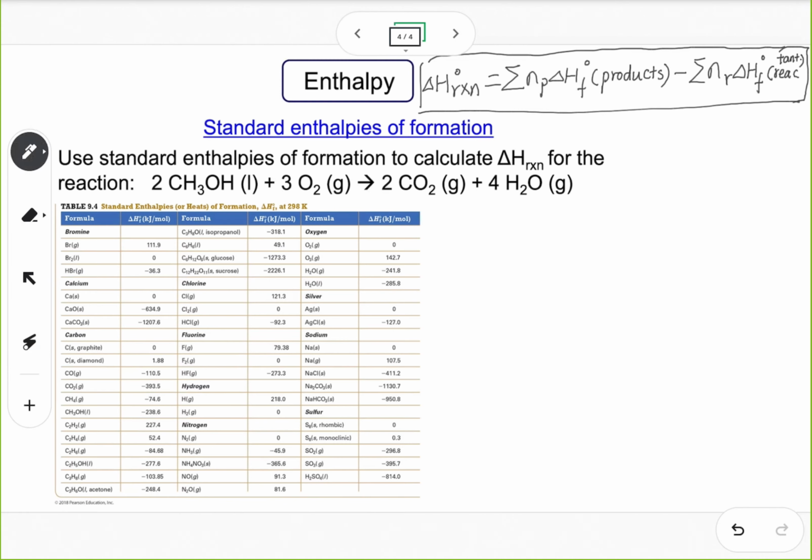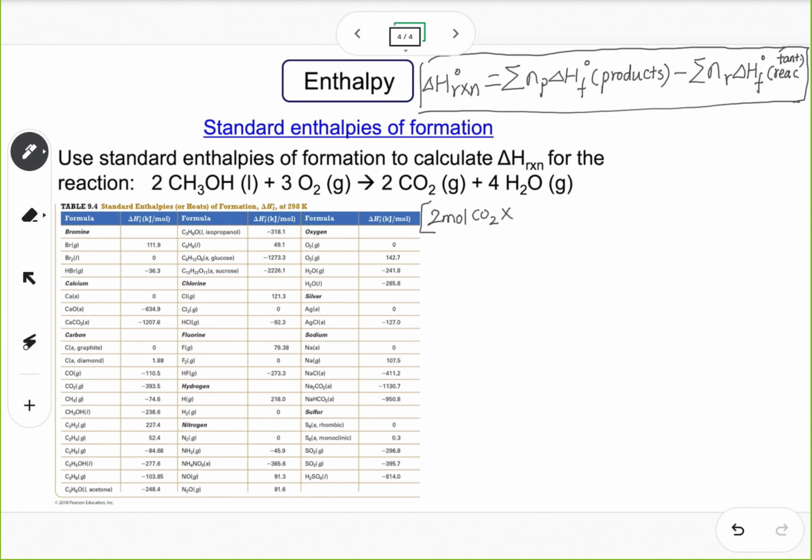All right, now it's time for us to start. For products, the first product, let's see, carbon dioxide. You have 2 mole of carbon dioxide, so this is the first NP, okay? 2 mole carbon dioxide times, well, for carbon dioxide, you have right here.